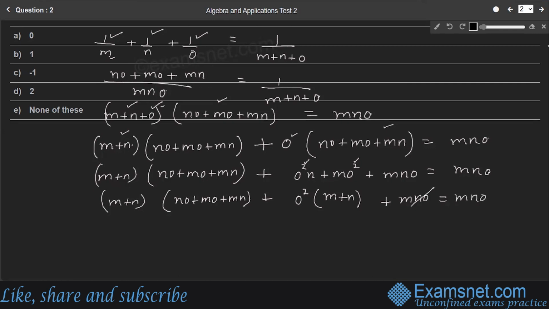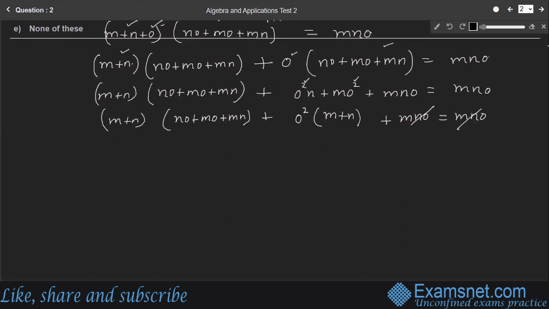So here we can cancel mno and mno, right? So between the first and the second term, m + n is common. We'll take m + n as common, and the remaining terms are no + mo + mn plus o² is equal to 0.